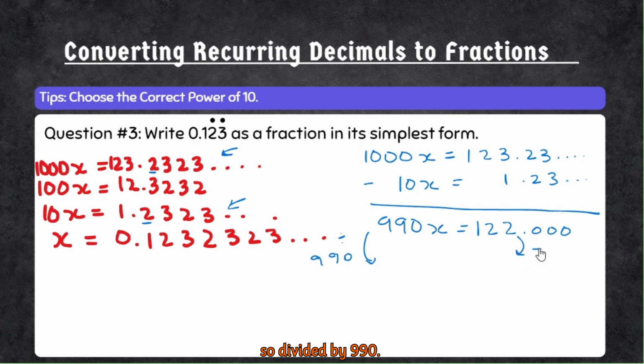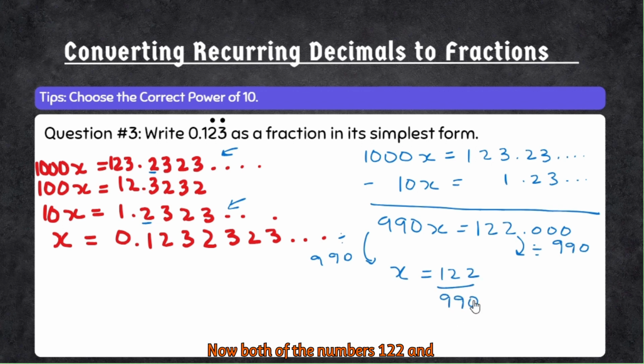Now we are going to divide both sides by 990. That would give us x is equal to 122 over 990. Now both of the numbers 122 and 990 have a common factor, which is 2. So we can simplify both of the numbers by 2.